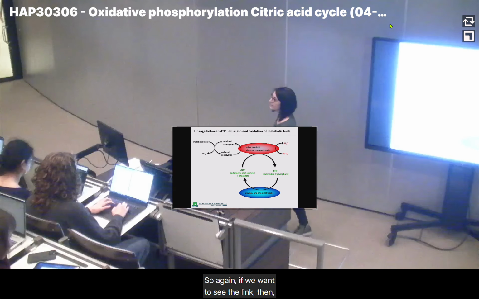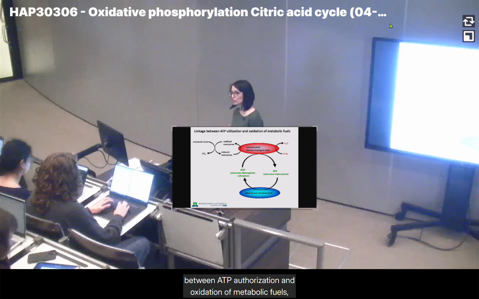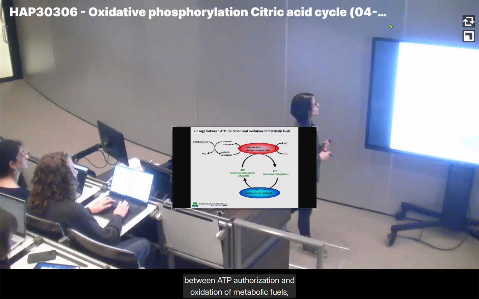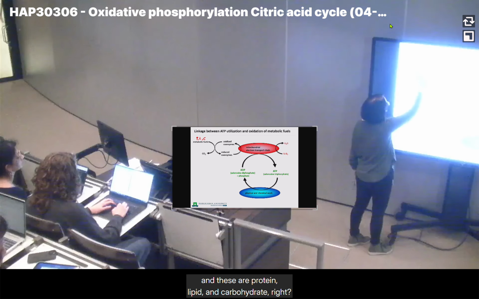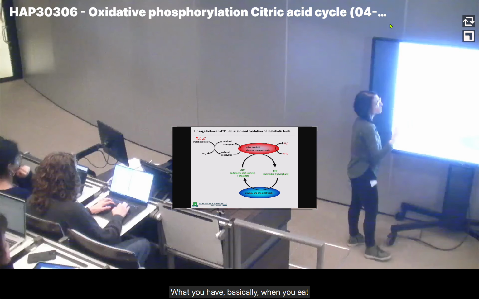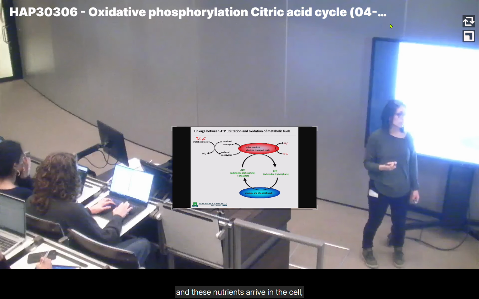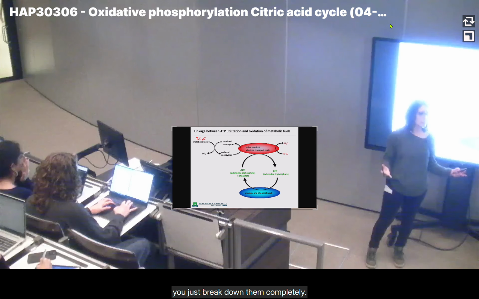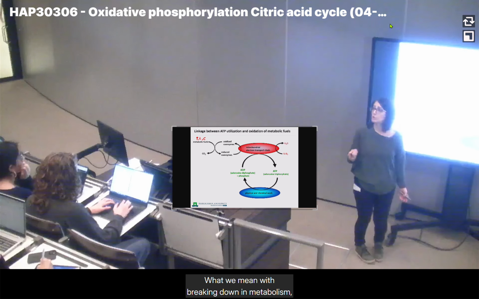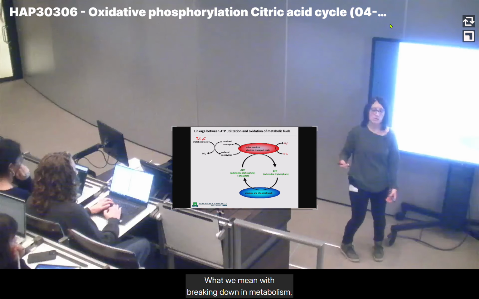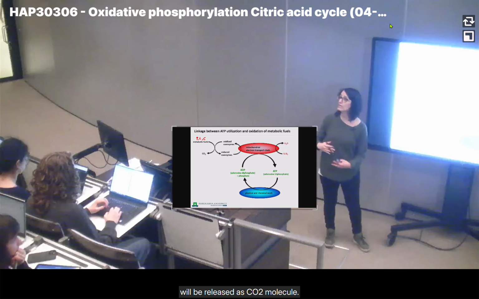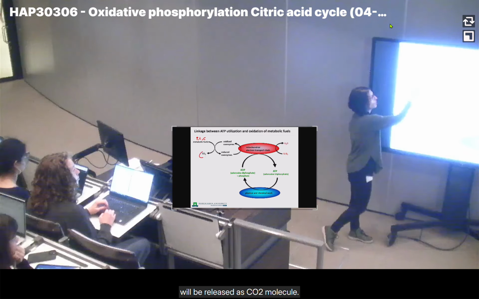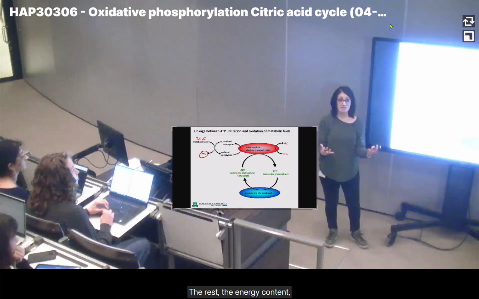So again, if we want to see the link between ATP utilization and oxidation of metabolic fuels, and these are protein, lipid, and carbohydrate, right? When you eat and these nutrients arrive in the cell, you break them down completely. What we mean by breaking down in metabolism is that the complete structure of carbons will be released as CO2 molecules.